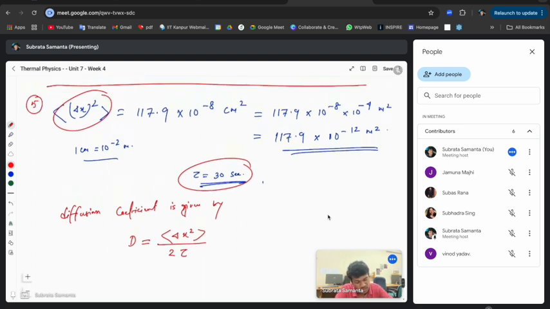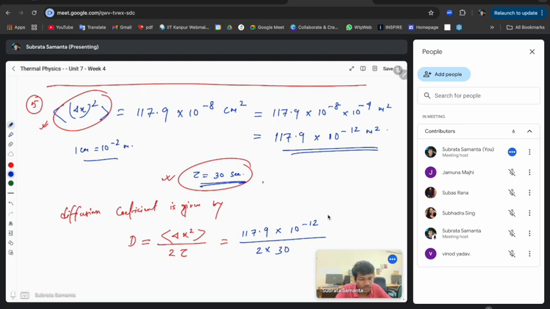So we only need two pieces of information, okay? Tau and delta x square. So temperature information is not needed to compute the diffusion coefficient, okay? So if you plug these values, it's basically 117.9 times 10 to the power minus 12 over 2 times 30. So what is the unit of the diffusion coefficient?